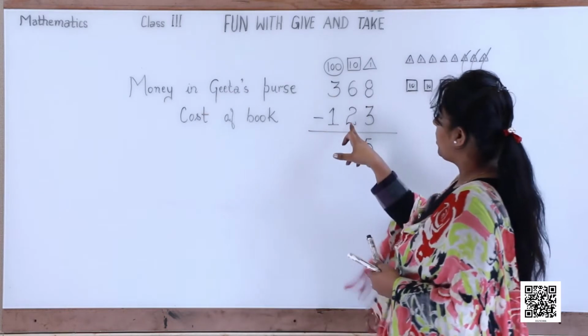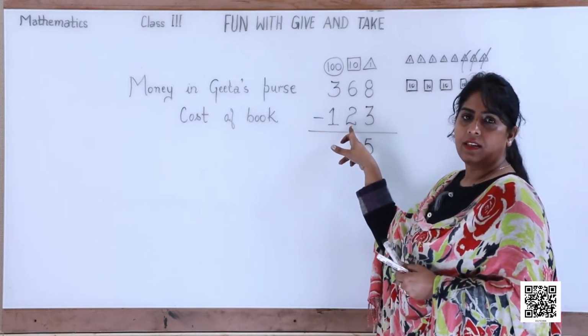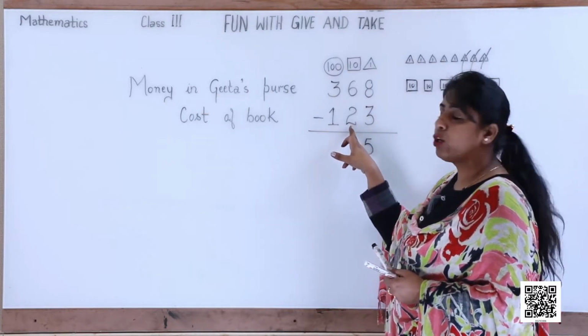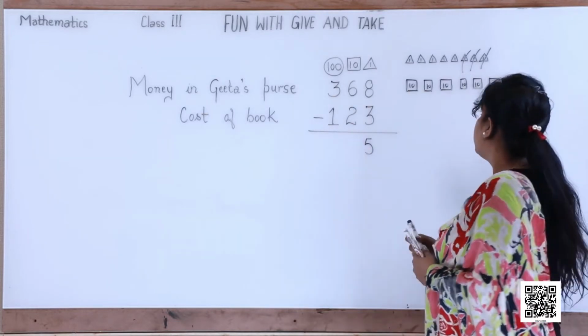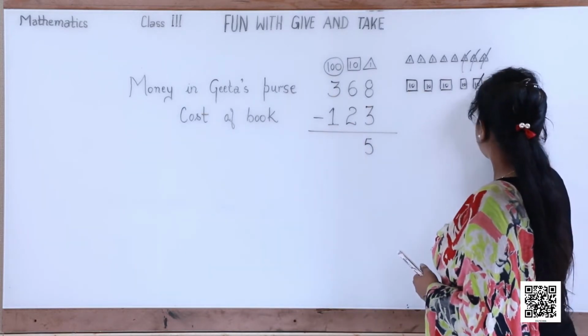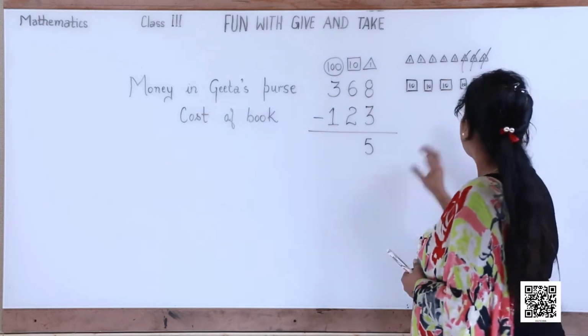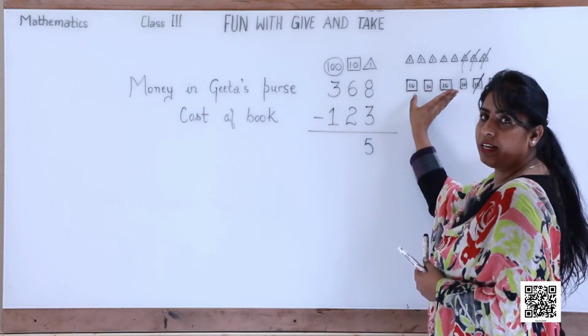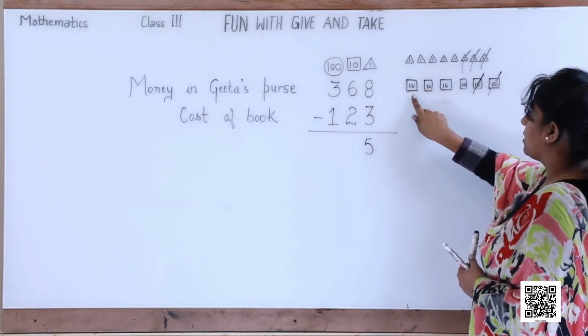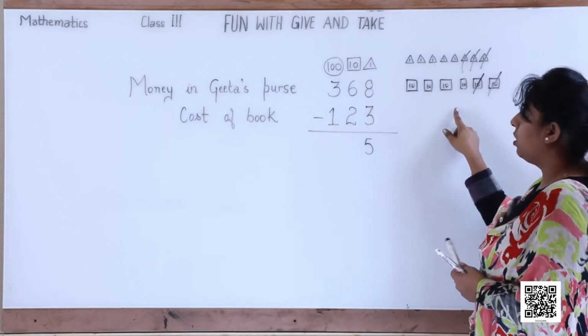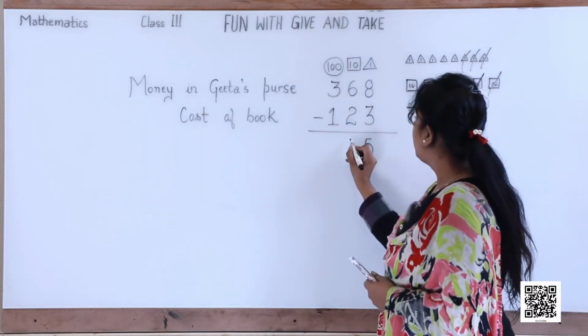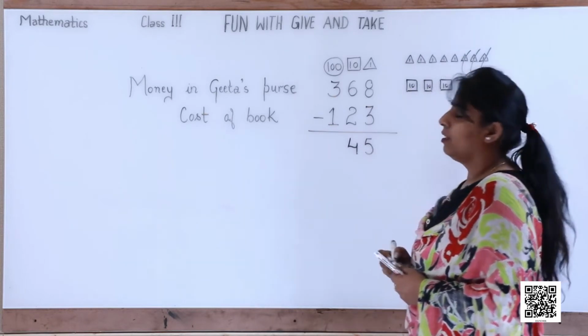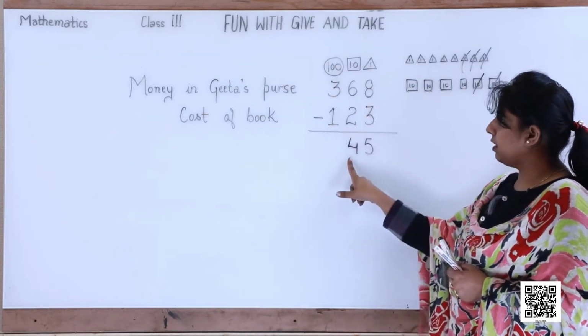So how many are we going to subtract? Yes, we are going to subtract 2 tens. So we'll cancel 2. First and second we have cancelled. So how many tens are we left with? Count. Yes, 1, 2, 3 and 4. So we are left with 4 tens. So we'll write 4 under this.